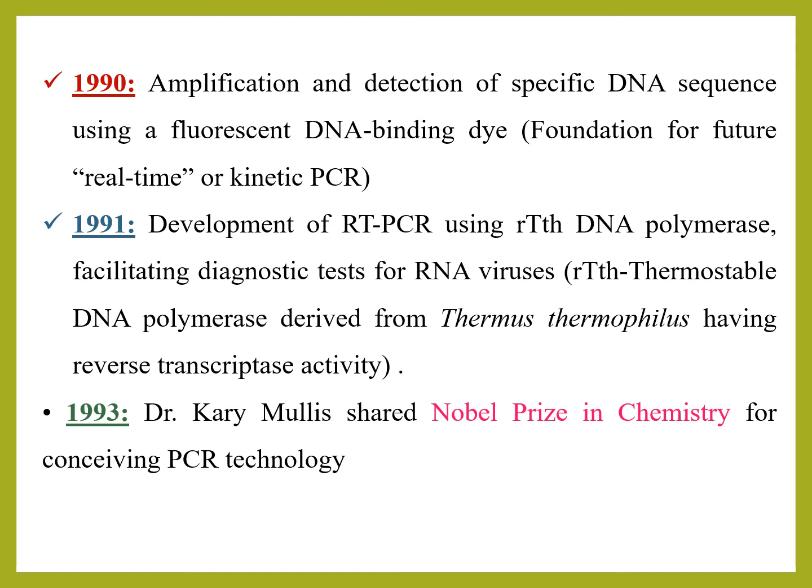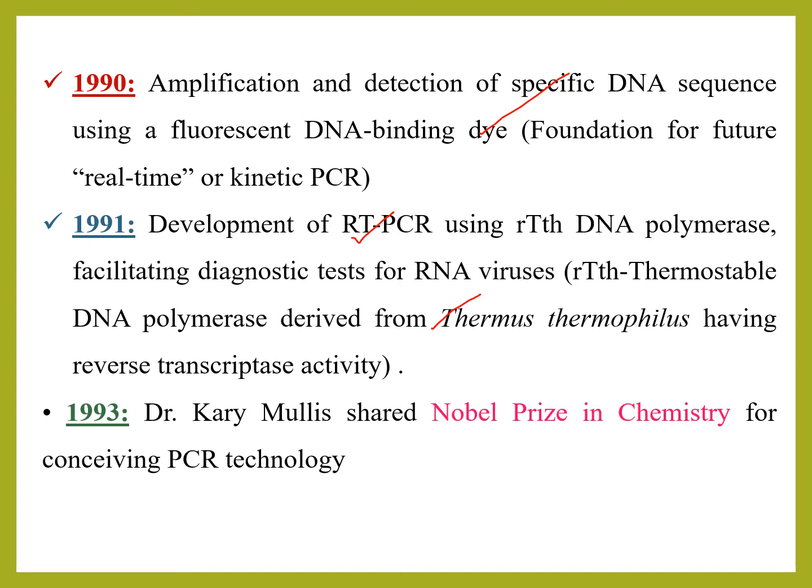This is the basis for the future real-time or kinetic PCR that we use today. And in 1991, RT-PCR was developed, that is reverse transcription PCR using rTth DNA polymerase. It facilitated the diagnostics of RNA viruses because rTth is a thermostable DNA polymerase derived from Thermus thermophilus having reverse transcriptase activity. What is the use of this reverse transcriptase activity?